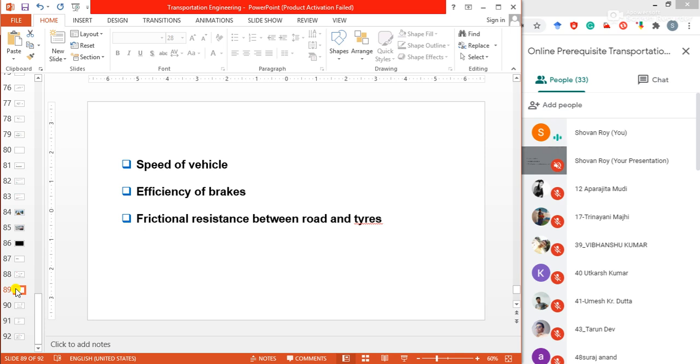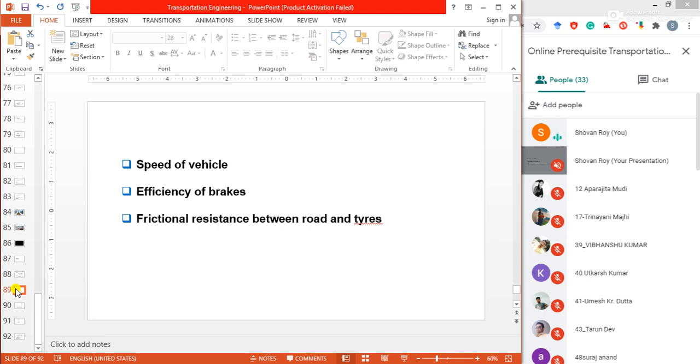So during perception, intellection, emotion, volition, the vehicle is going, as well as when I am applying the brake, and I should consider this speed as well as the distance traveled by the vehicle.